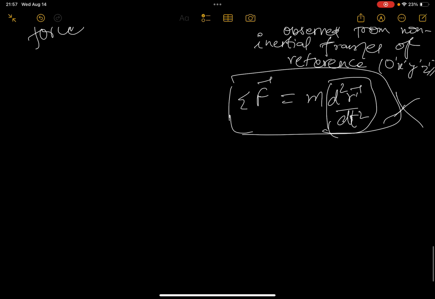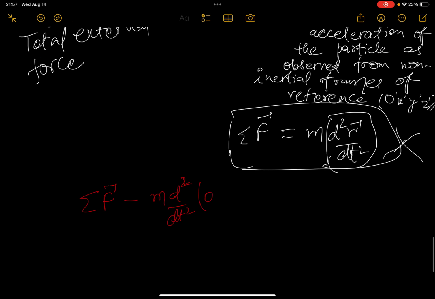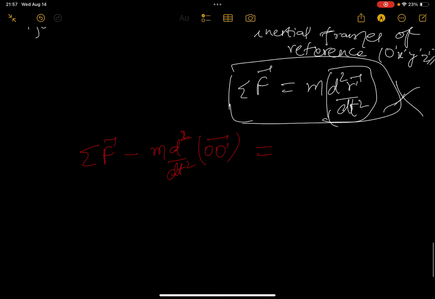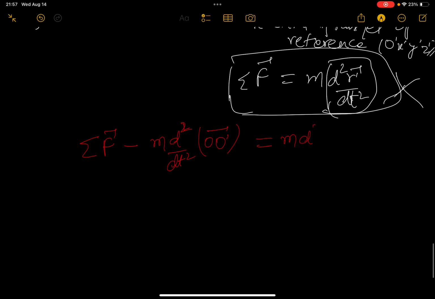In that case, summation F minus m d2 by dt square of o dash is equals to m d2 r dash by dt square.